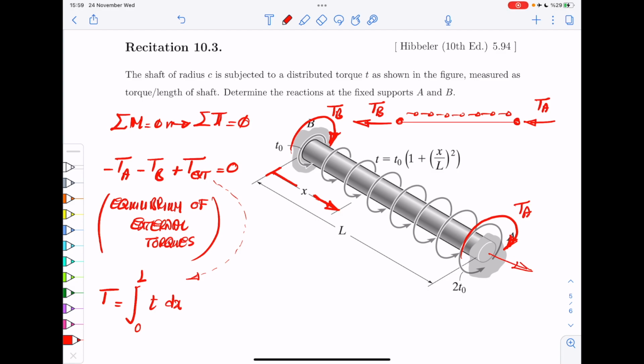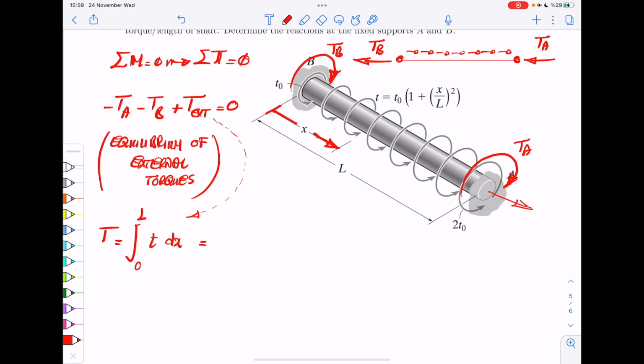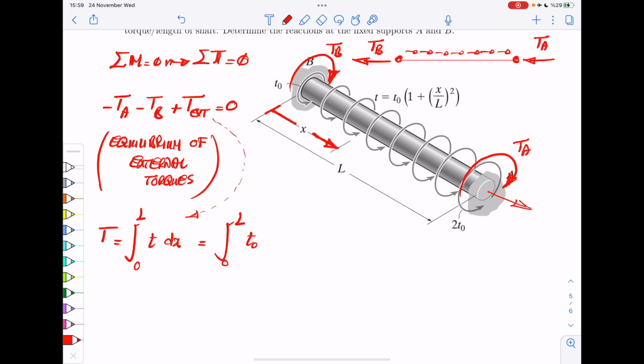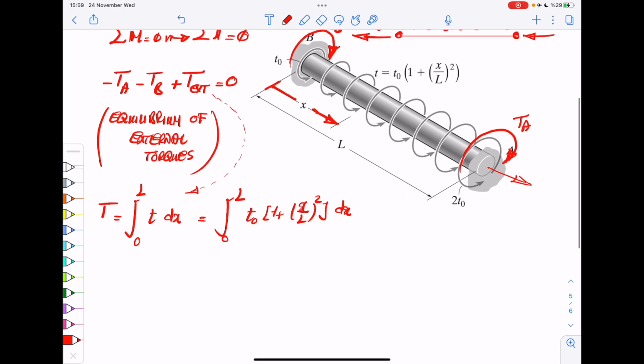Does that make sense? So that would be the integral from 0 to L of T0 times 1 plus x over L squared, dx. We can integrate it. The integral of 1 would give you x. This gives you x cubed divided by 3 L squared.